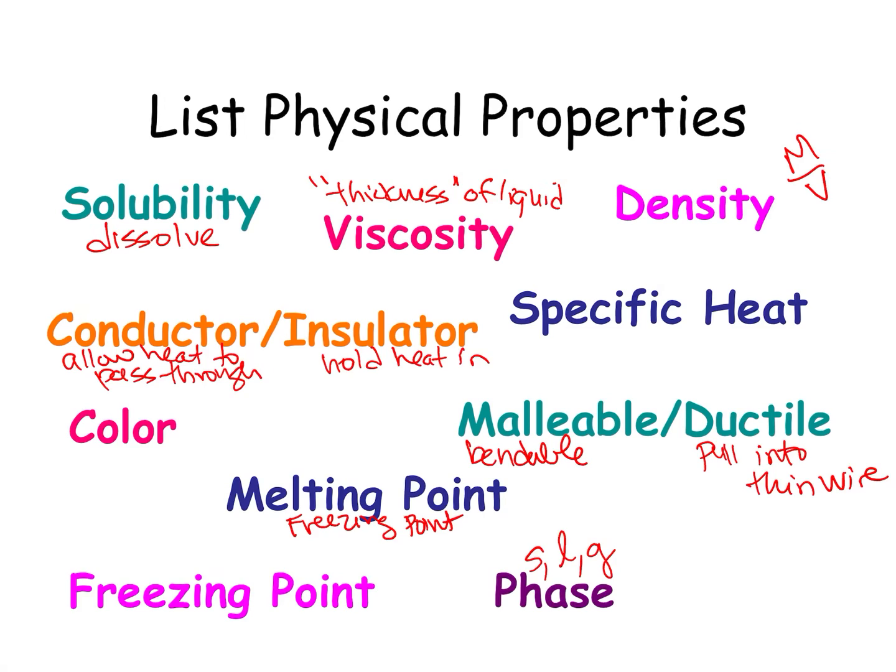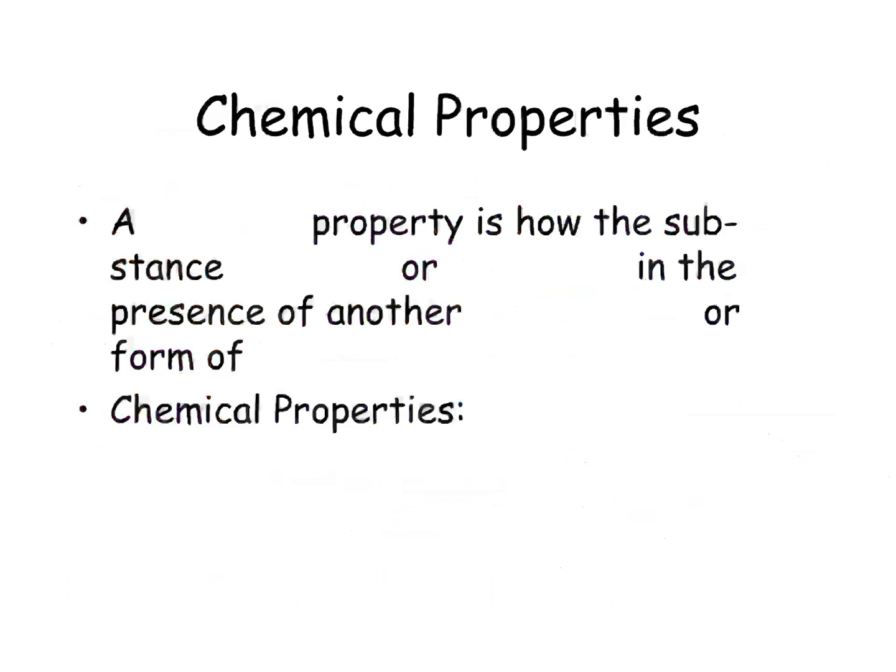Something like water is not very viscous. So we're going to say resistance to flow. Okay, that's called viscosity. Magnetism. So these are all physical properties, things that we can observe, things that we can measure, and we can calculate. On the opposite side, we have chemical properties.